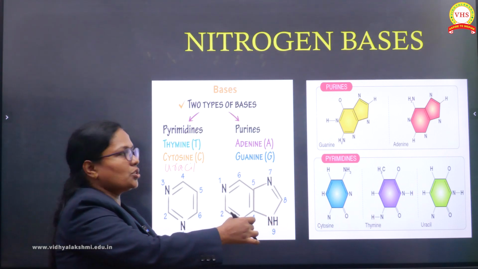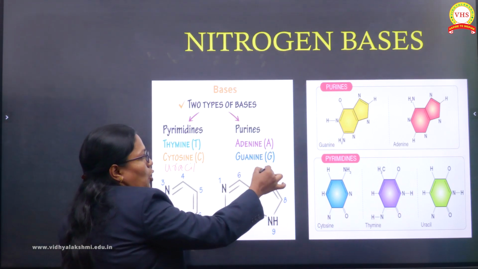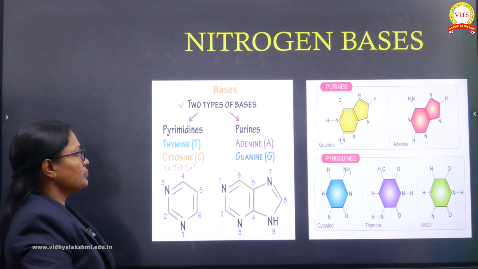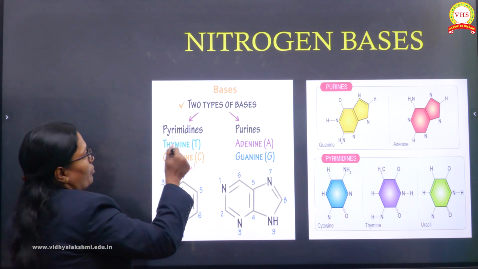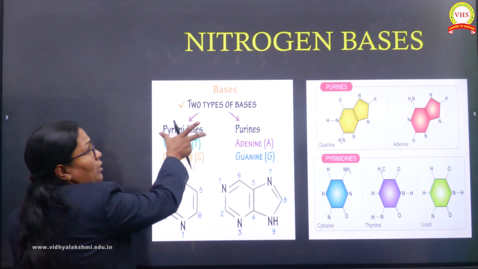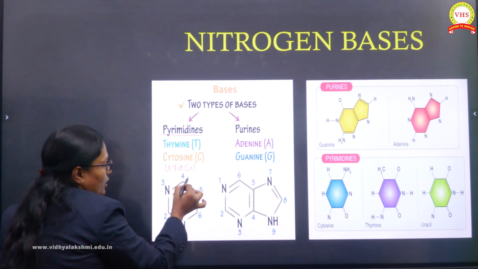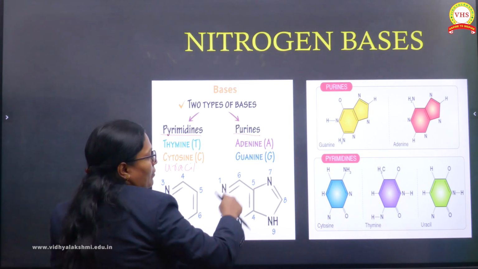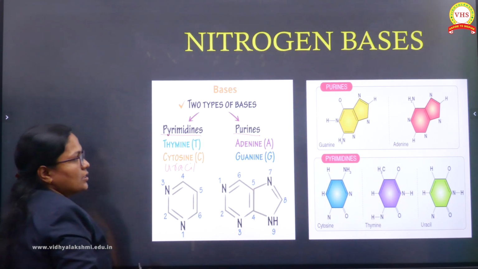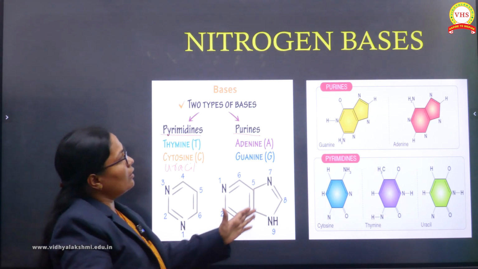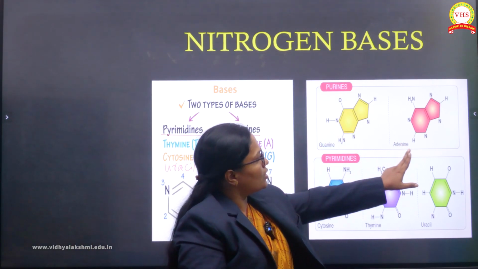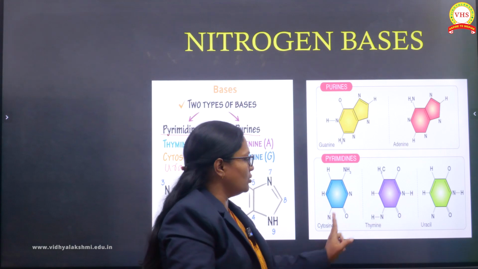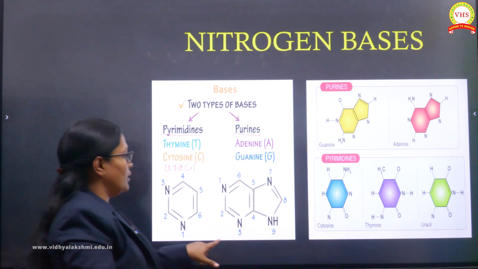Adenine and guanine form purines. Easy to remember: pyrimidine has a bigger name but only a small structure, while purine has a smaller name but a big structure. Purines are double cyclic structures, and pyrimidines are single cyclic structures: cytosine, thymine and uracil.